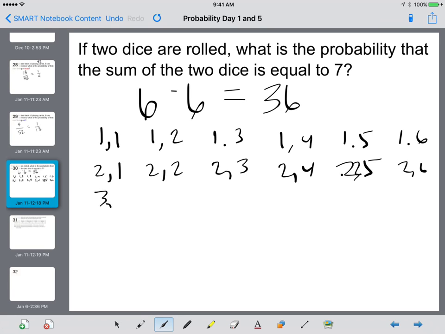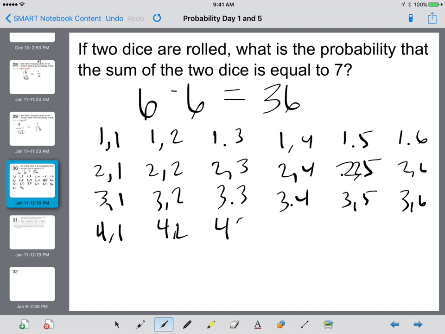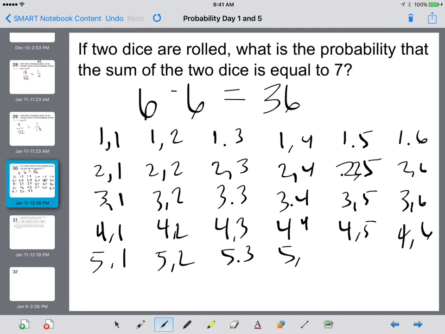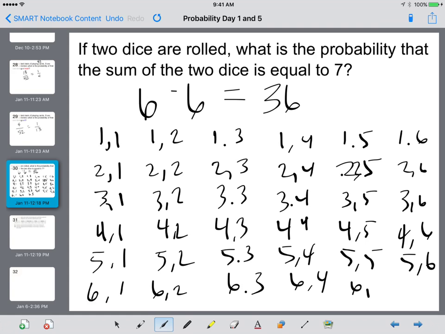I'll just have to keep going. We got 3, 1, 3, 2, 3, 3, 3, 4, 3, 5, and 3, 6. We got 4, 1, 4, 2, 4, 3, 4, 4, 4, 5, 4, 6. So I think you see where I'm going with this. And then the last row, we got 6, 1, 6, 2, 6, 3, 6, 4, 6, 5, and 6, 6.